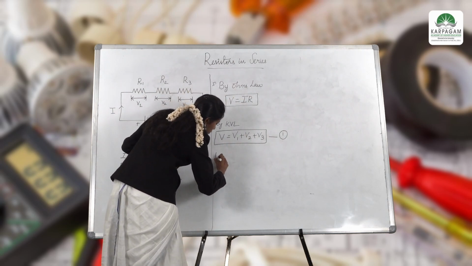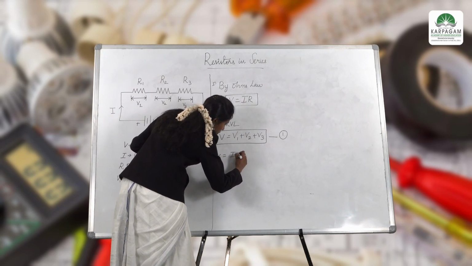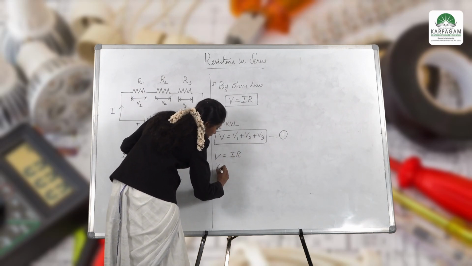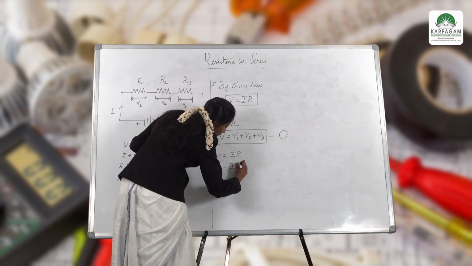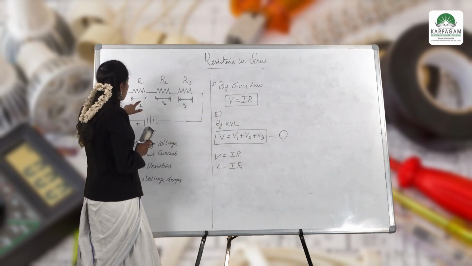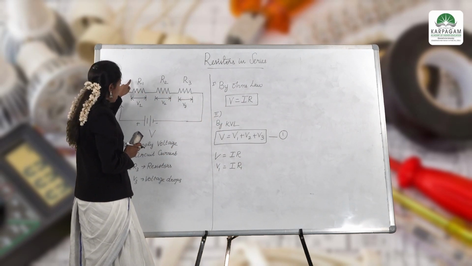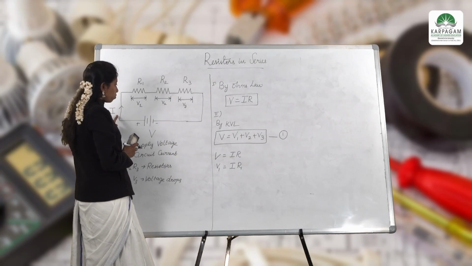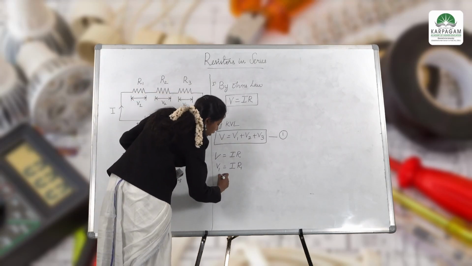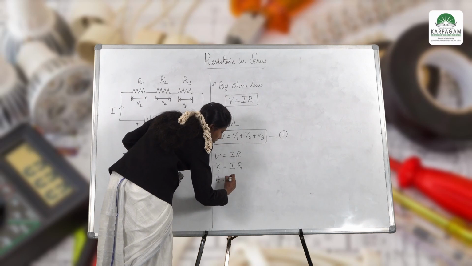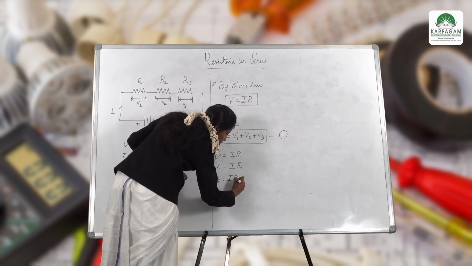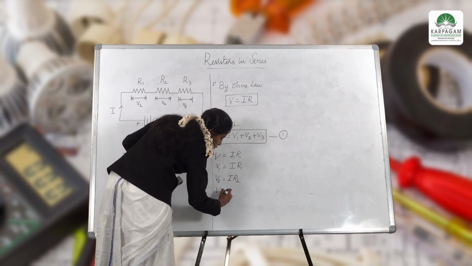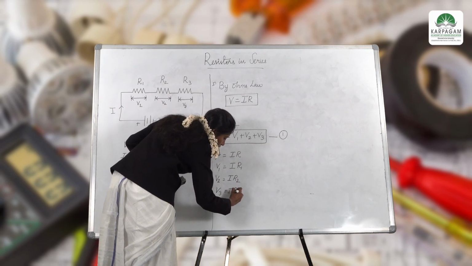So we all know that V is equal to I into R. So V1 will be written as I into R1, because across V1 we have the R1 resistor and the current passing through the elements will always be the same. So V1 is equal to I into R1, V2 will be equal to I into R2 and V3 will be equal to I into R3.